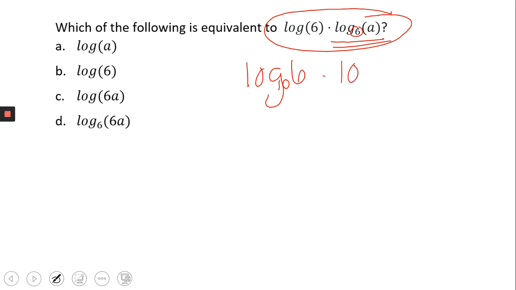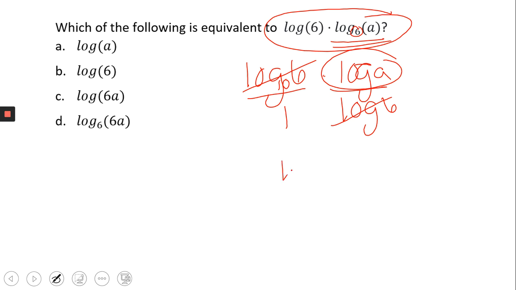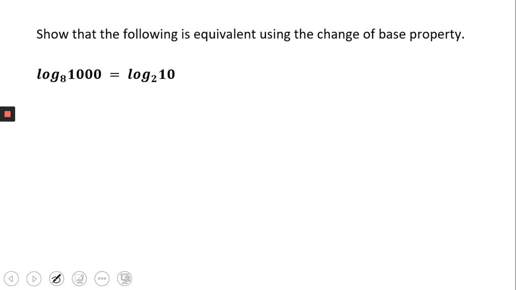So what would that be? Log of a over log of 6. Then look what happens. Just with multiplication, numerator and denominator cancel out. I'm just left with what's up here. So log of a, which goes with that one there. Okay, so you're just kind of simplifying using your change of base where necessary.